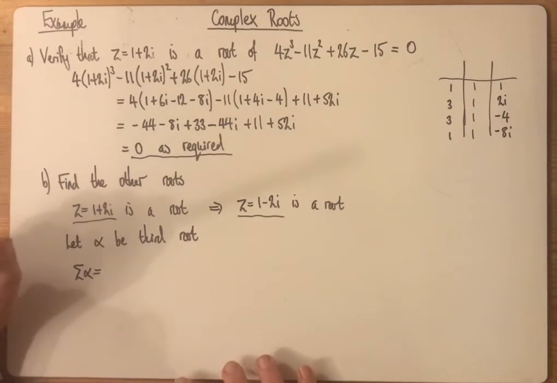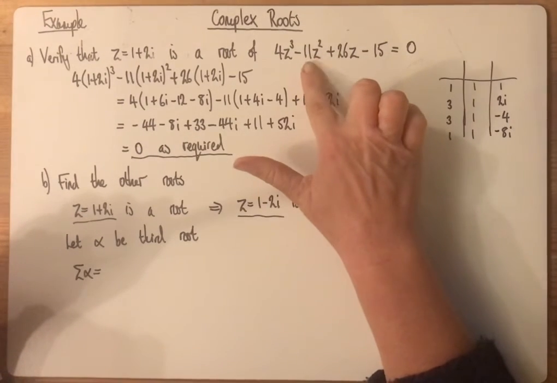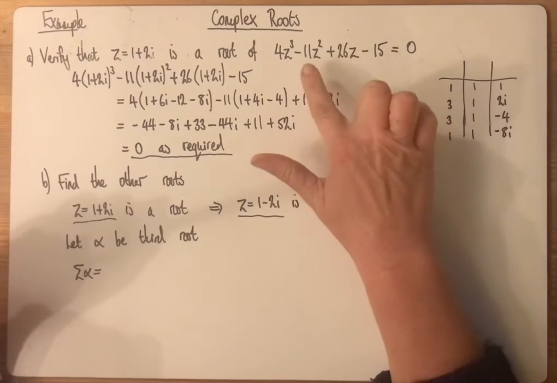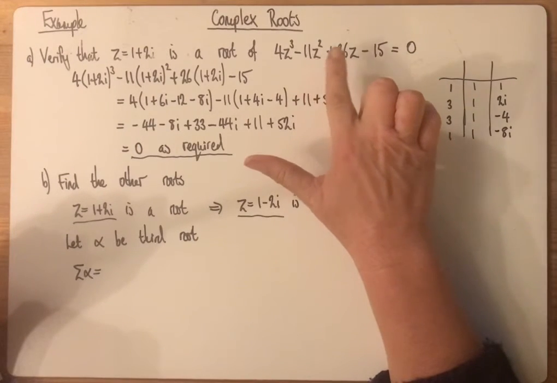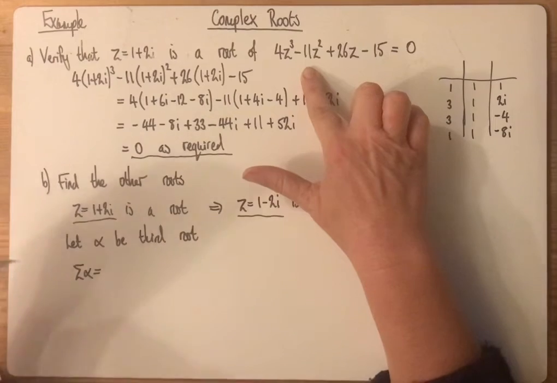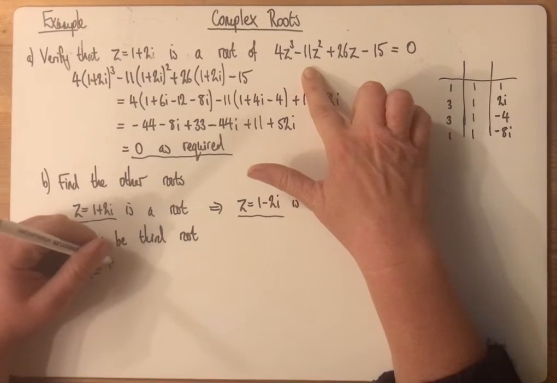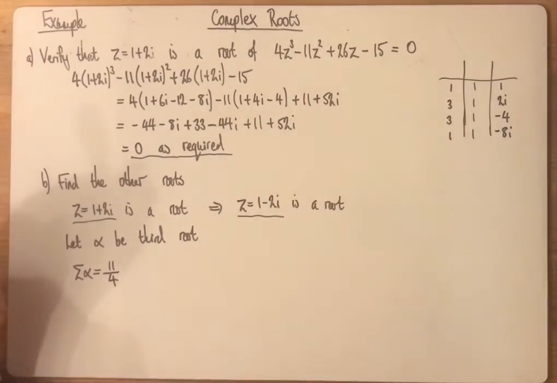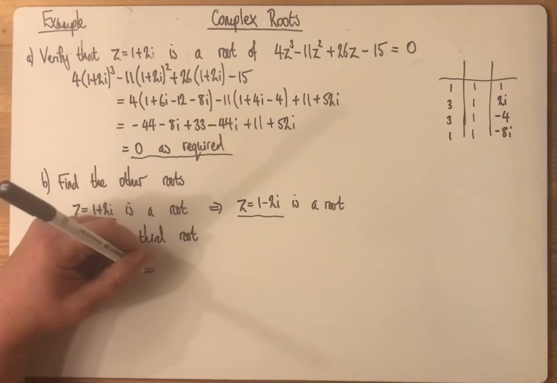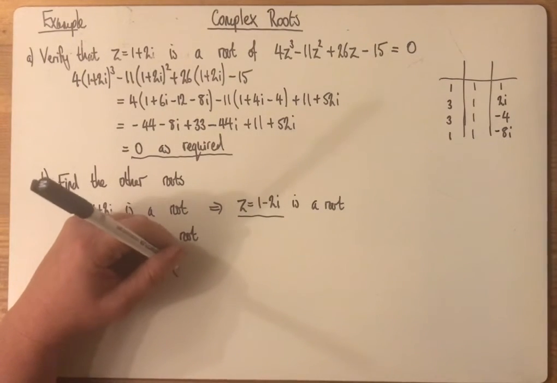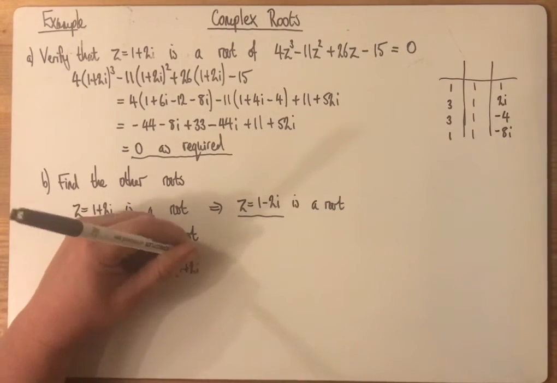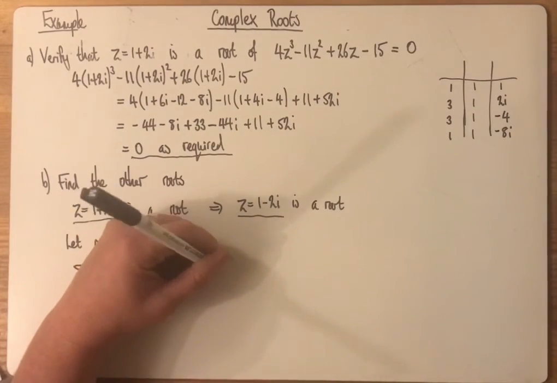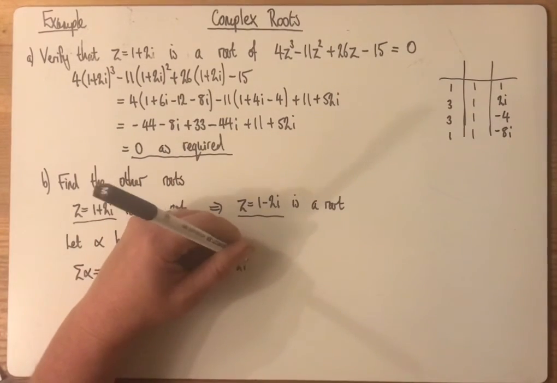is equal to, and then the sum of the roots is minus, so we've got this alternating sign, negative 11 over 4, which gives you 11 over 4, or minus negative 11 over 4, probably should have said. So sum of the roots equals 11 over 4, and so adding them together, again these brackets aren't necessary, but it just shows nice and clearly what's happening.